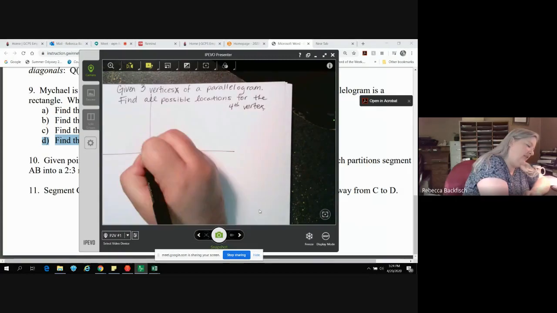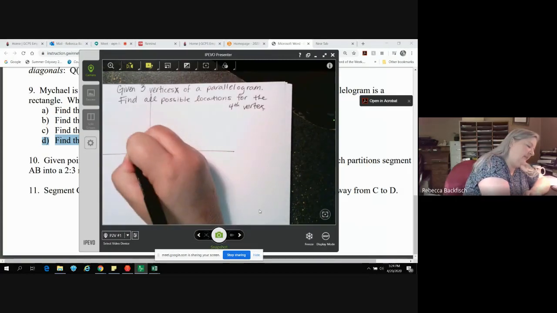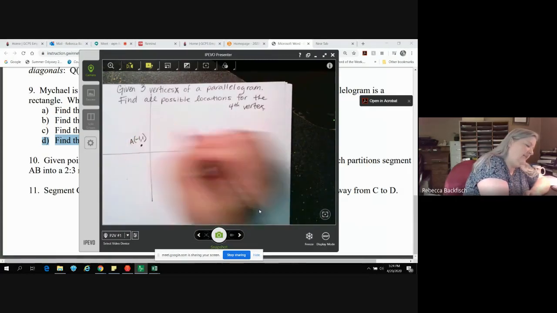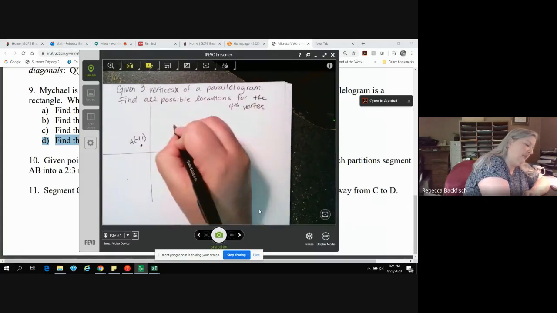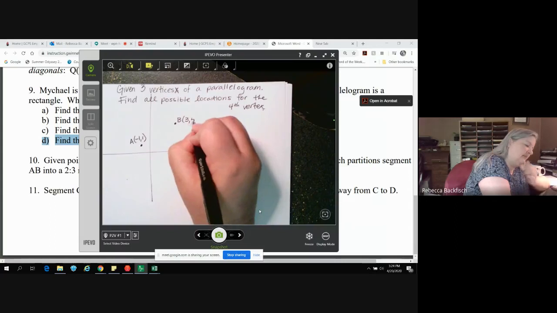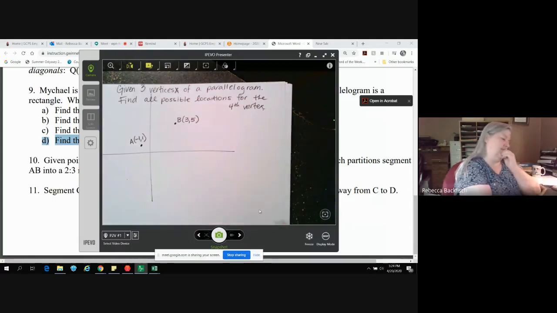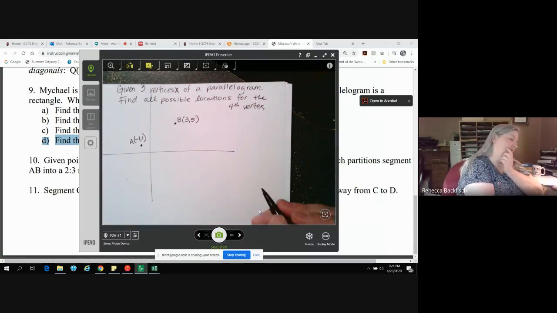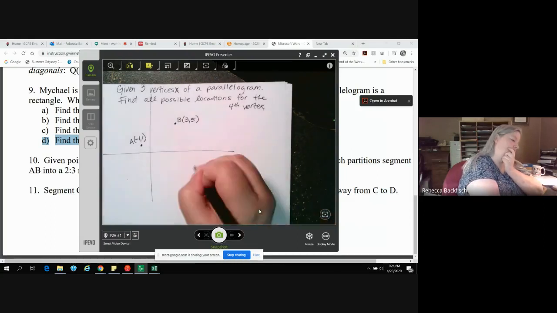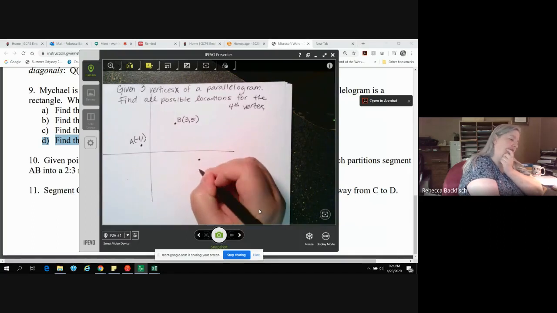So I'm going to say that my 3 vertices are A, (-1, 1), and B is (3, 5), and I don't want you to think about the letters having to be in order.